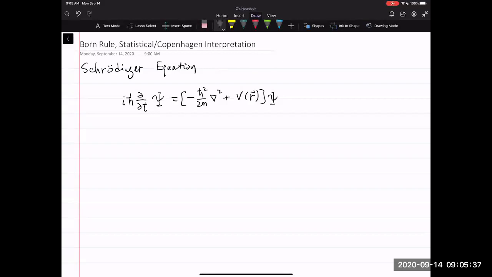If you look at the Schrodinger equation, what is the input? What do we need to know in order to solve it? What is the unknown? It's V of r. If you want to solve this differential equation, then we need to know the potential, so the interaction, V of r.